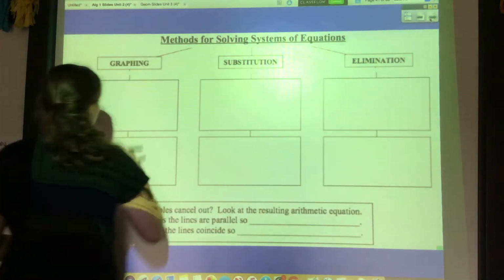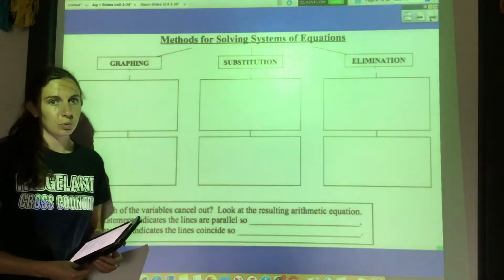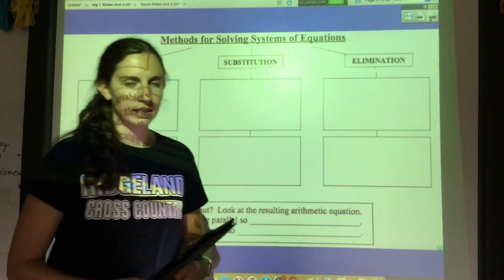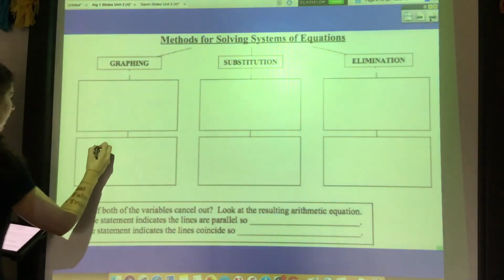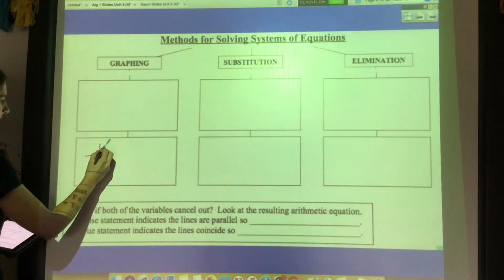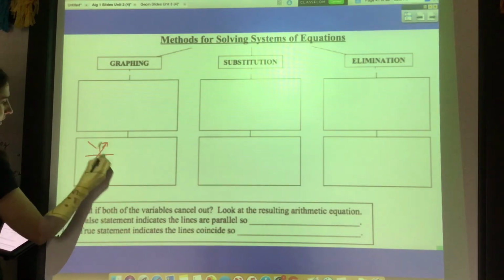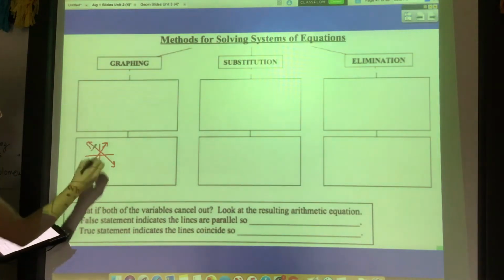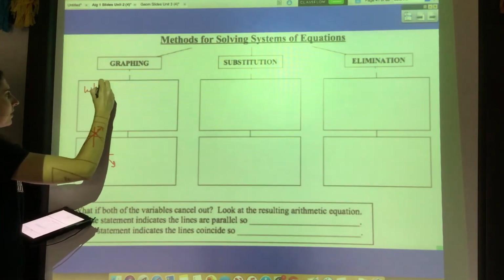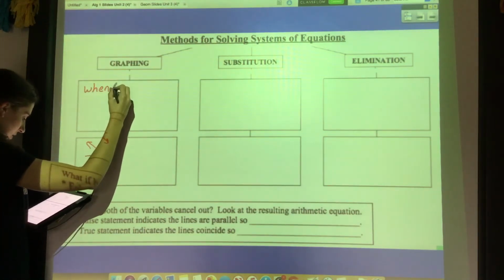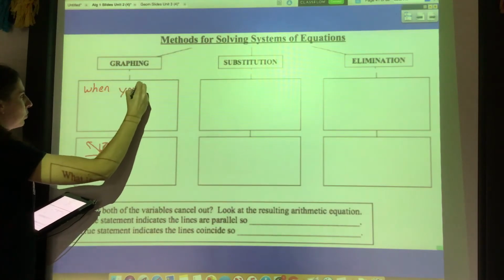So one time you might want to solve it by graphing is what if they literally give you graphs? Like if they give you a graph and here's a line and here's a line, then the solution is right there where they intersect. So use this when you have graphs.